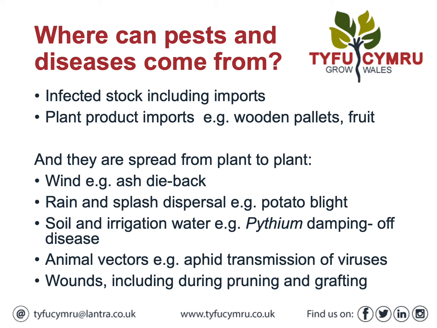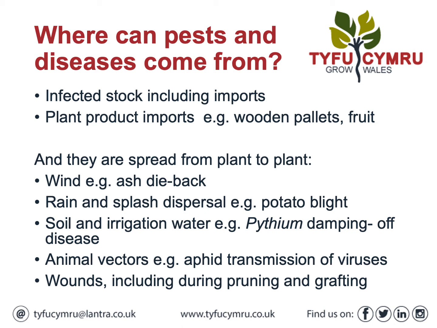It can come from rain or splash dispersal, so for example, potato blight. It might come from soil when it's moved around, or irrigation water. And a common example of that's Pythium, which causes damping off disease, particularly of seedlings. There might also be spread by animals, so aphids, we know, spread viruses between plants.